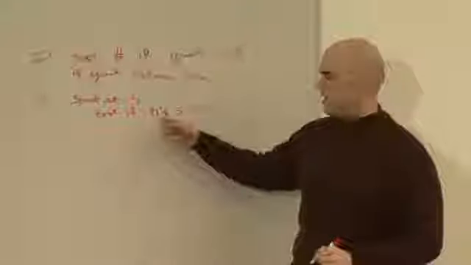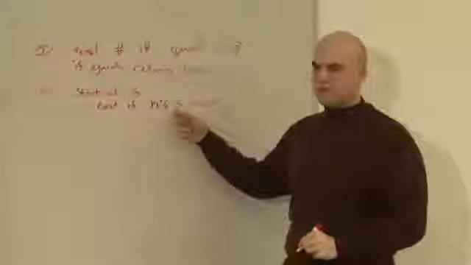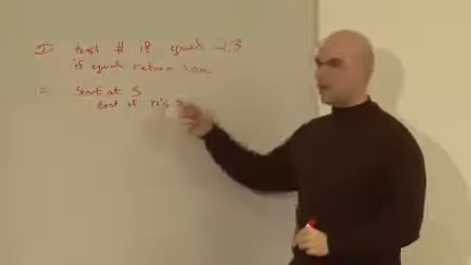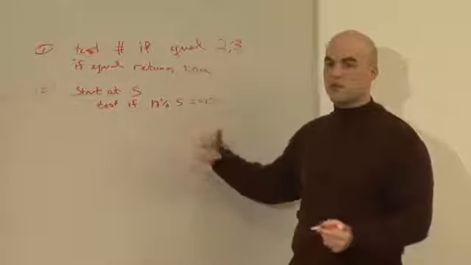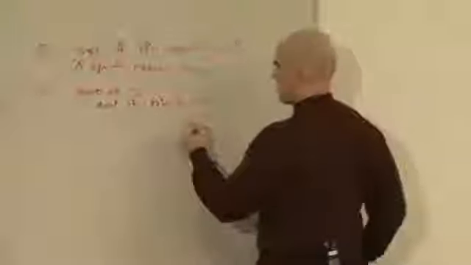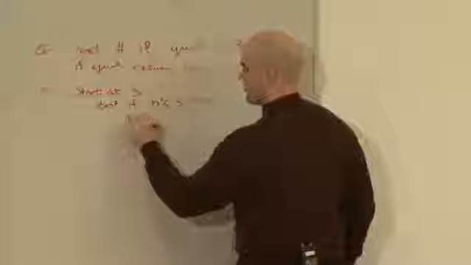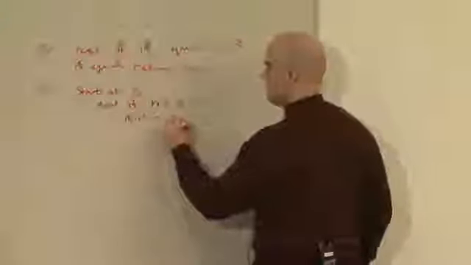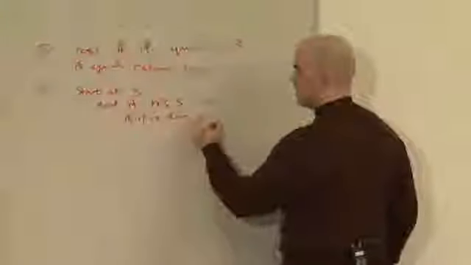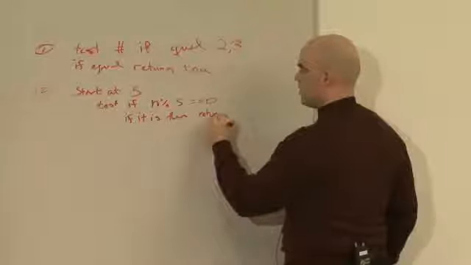Now, if n is evenly divisible by 5, then that must mean that n is composite, right? Because 5 is a factor. So, if it is, then return false.